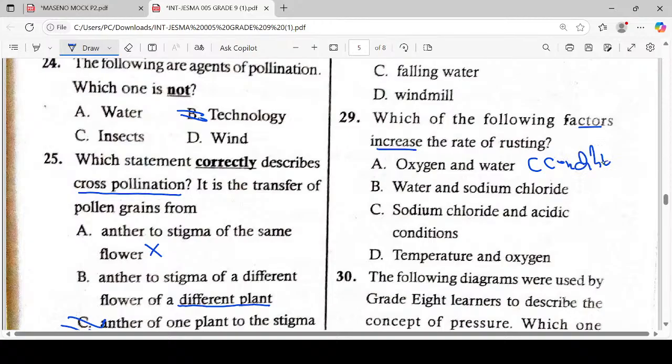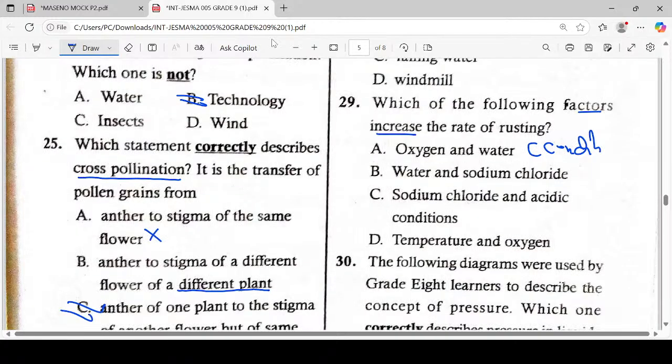I want to warn you, learners, oxygen and water are simply the conditions necessary for rusting to occur. Water and sodium chloride and acidic conditions, temperature and oxygen. So the correct answer for question number 29 should be C for cat. Oxygen and water, I've told you, are just the conditions, not the factors.